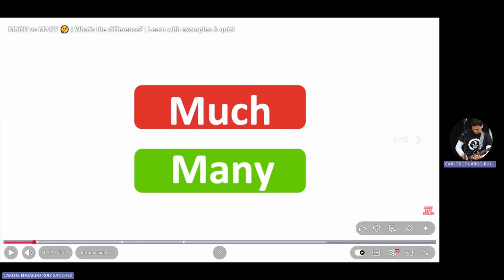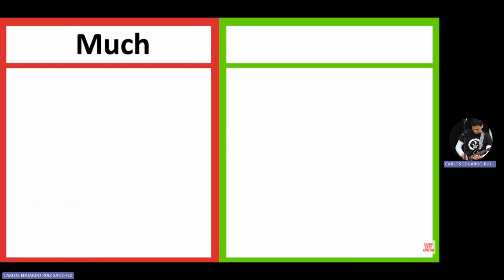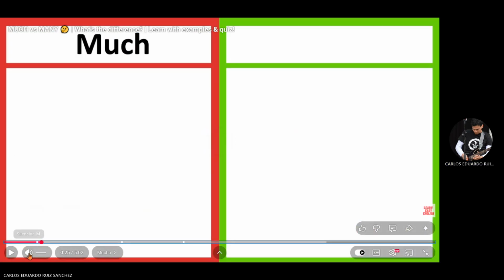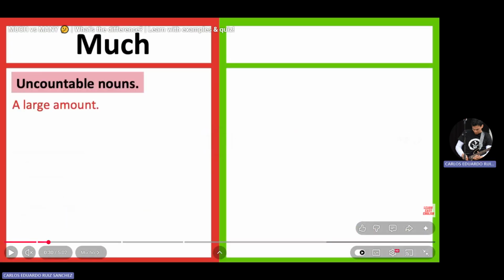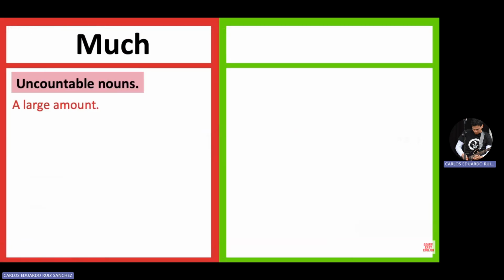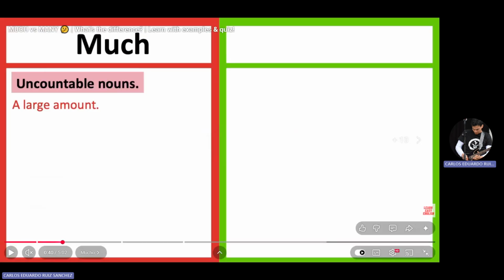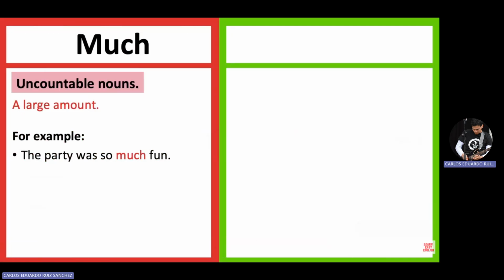Yes, so let me check here something. Much is with no sound. We use much or how much to ask questions about uncountable nouns. Pay attention, a large amount, cantidad. And she gave us an example. The party was so much fun.